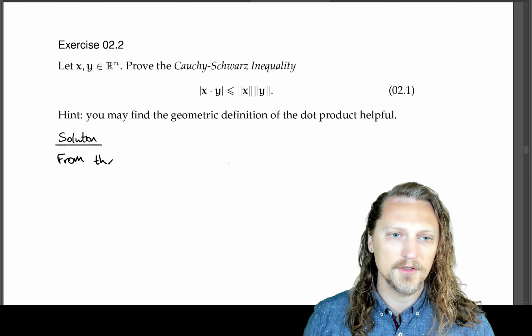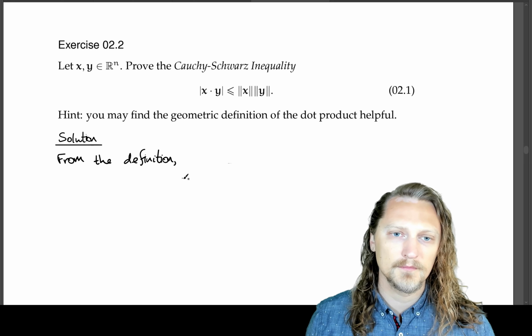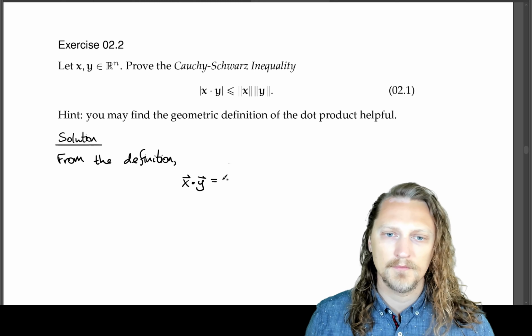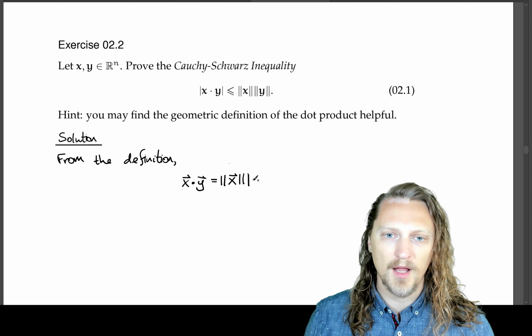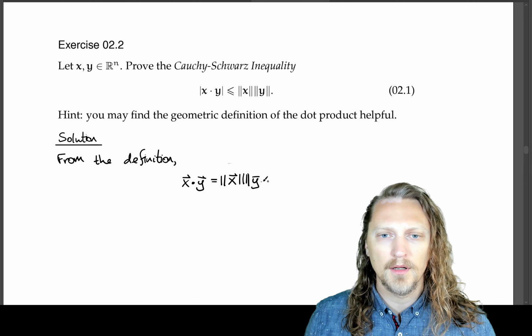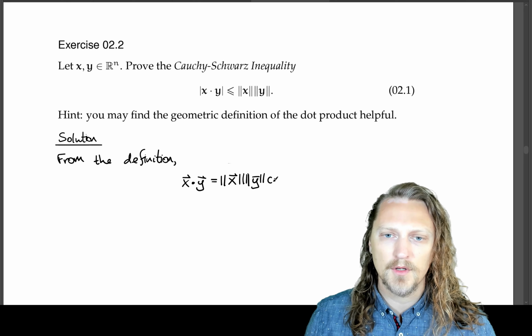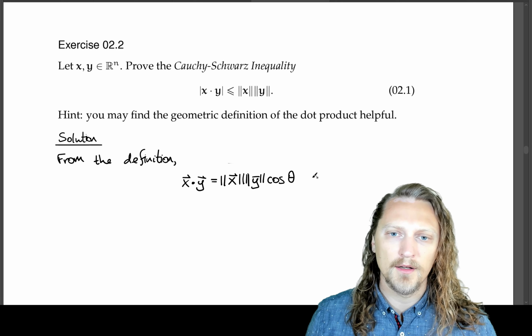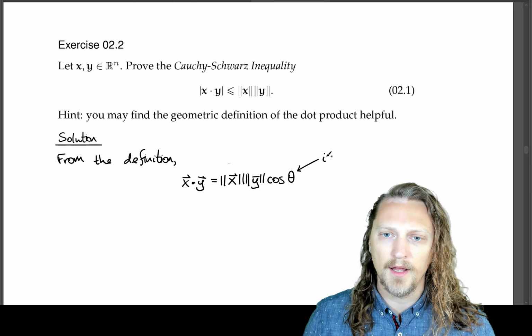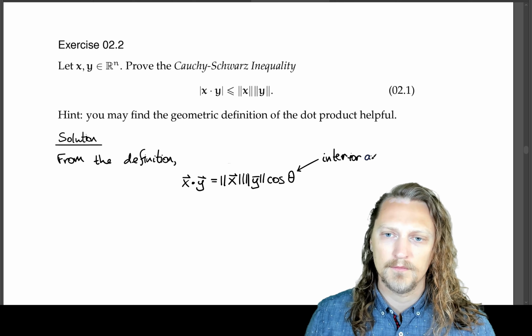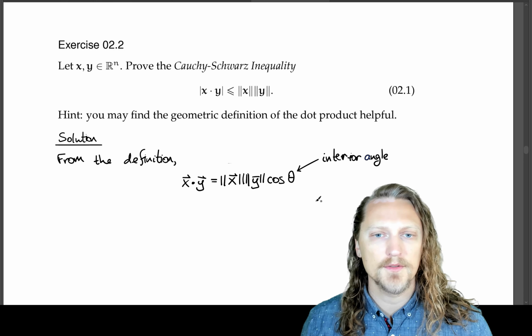So from the definition, the definition states that the dot product of x and y is just the norm of x multiplying the norm of y times cosine theta, where theta is the interior angle between the vectors.